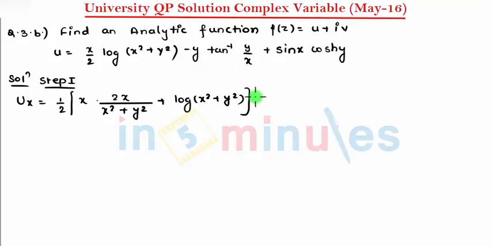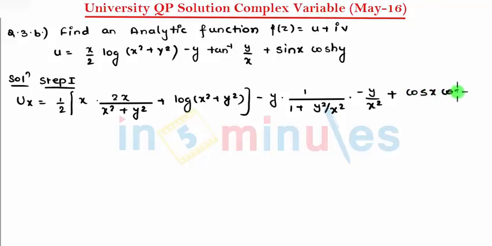Now minus y, differentiation of tan inverse y by x is 1 divided by 1 plus y square by x square, and further differentiation of y by x with respect to x will be minus y divided by x square, plus differentiation of sin x is cos x and cos hyperbolic y will be as it is. I need to substitute x equal to z and y equal to 0.